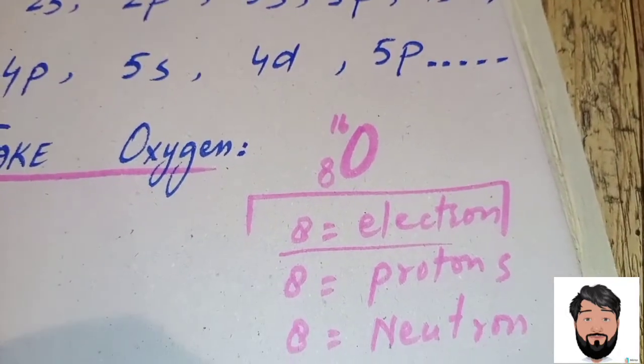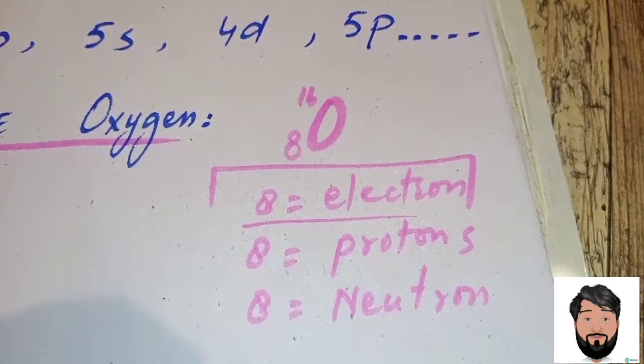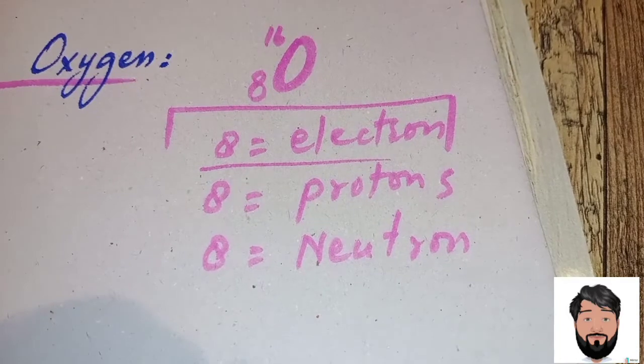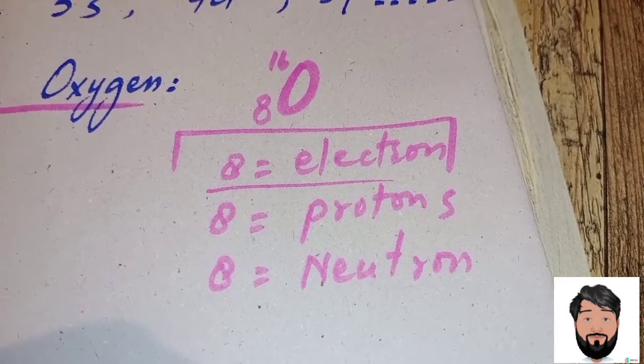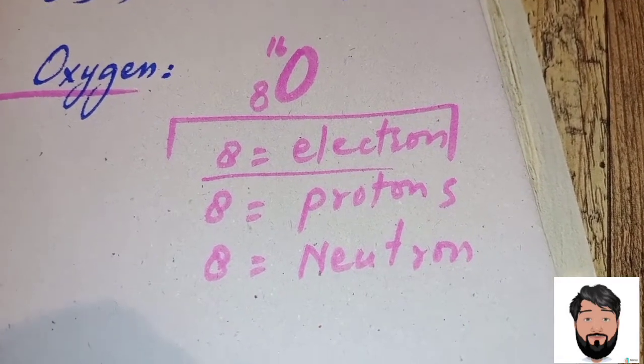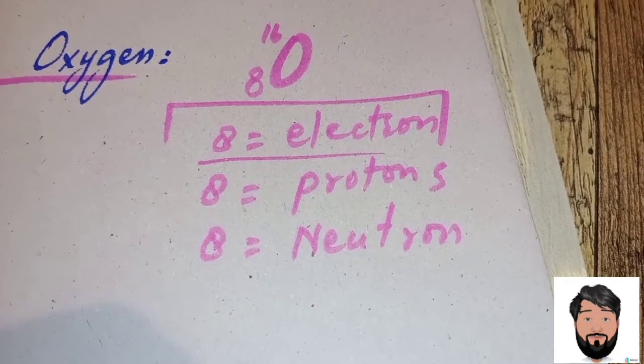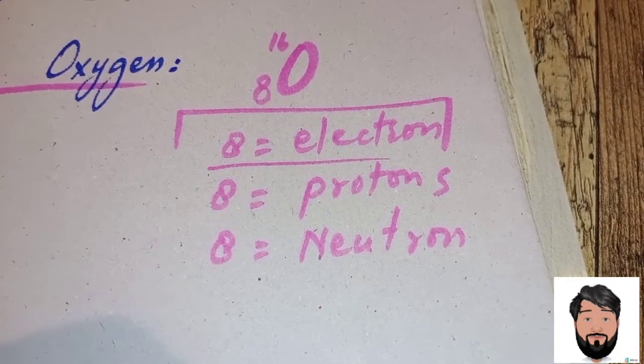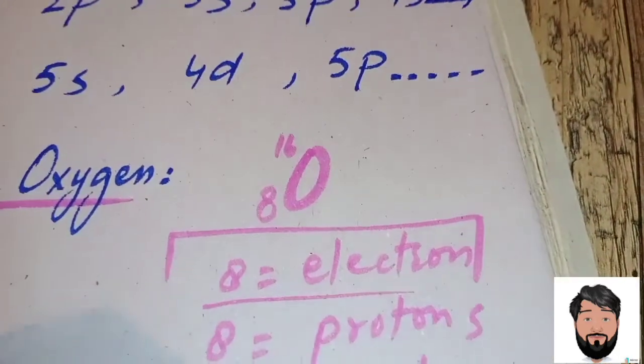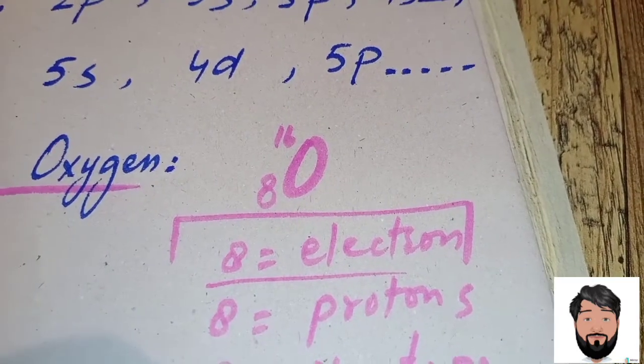When we subtract the atomic number from the atomic mass, this will tell us about neutrons. So when we subtract 8 from 16, we get 8, so there will be 8 neutrons. We have no concern about protons and neutrons, we are concerned only about electrons.